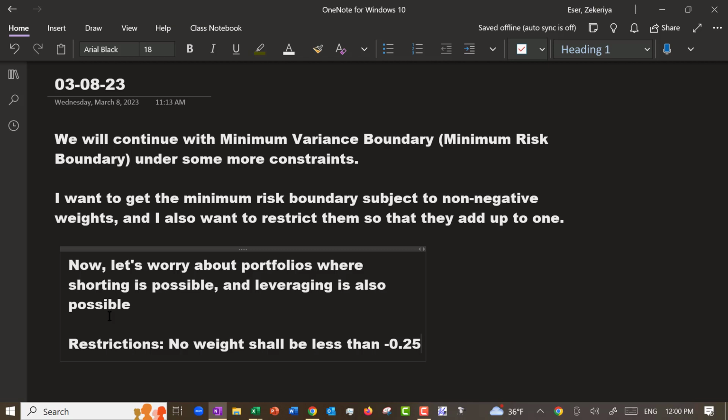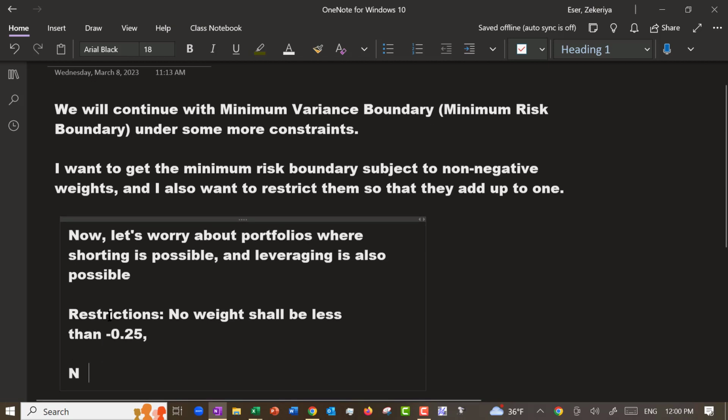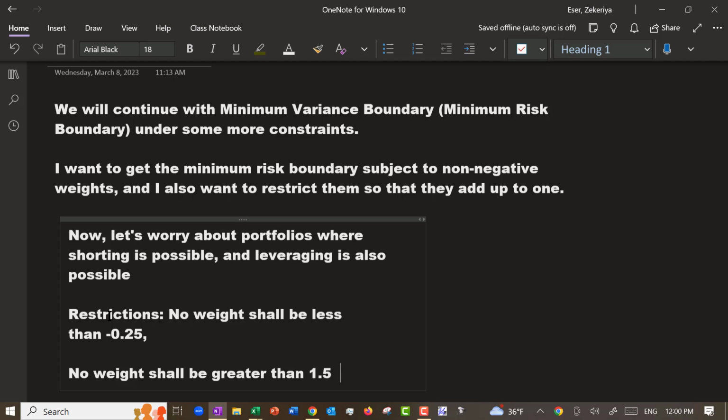So if you got $1 million worth of portfolio, you can't be shorting more than $250,000 on an individual stock, not total. No weight shall be greater than 1.5.